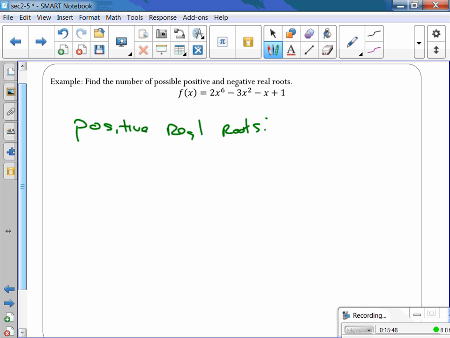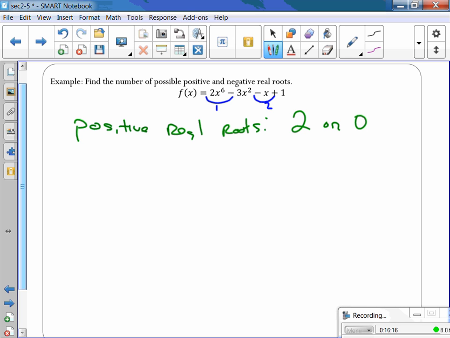How many? Two or 0. So as we have our positive to negative, and then that negative to positive, so 2 again, or an even number less.